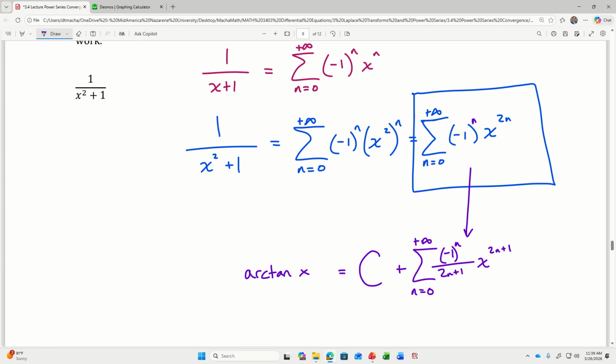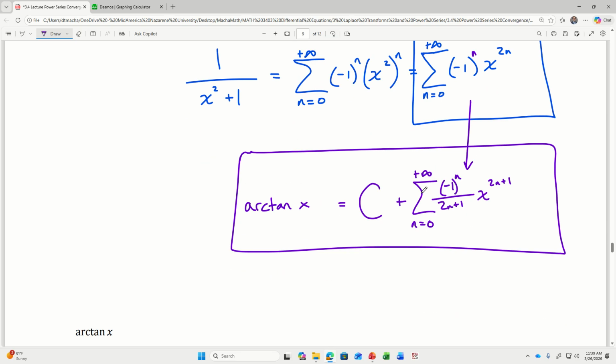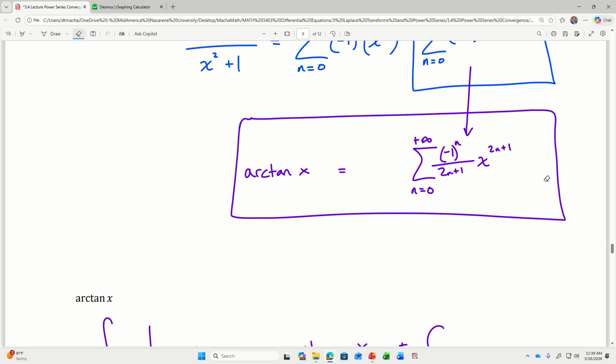Okay, cool, that's it. Nice. And we could solve for what that constant is by plugging in x equals 0. That constant will be 0 because arctangent of 0 is 0, and if I plug in x equals 0, the series goes to 0. So cool, that is the arctangent power series.